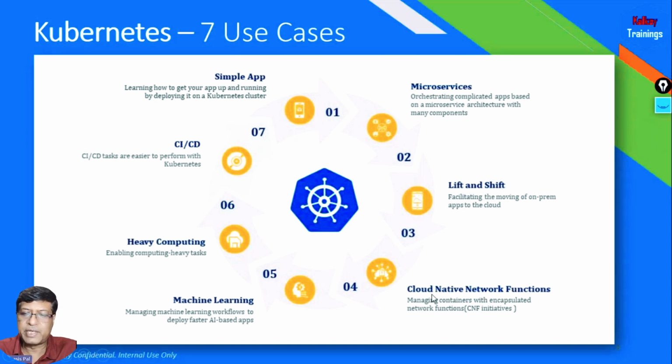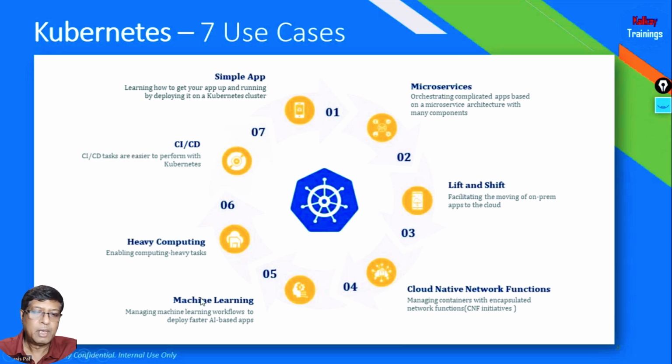And definitely, as we said, it is supported by cloud native network functions. That is why it is so robust and so standard. Security wise, it is very standard. It enables machine learning, that is, you will be able to deploy AI based apps smoothly and without much hurdle. It has an architecture to support that.